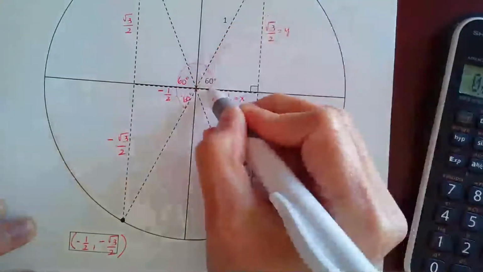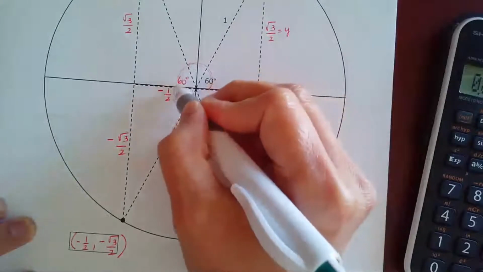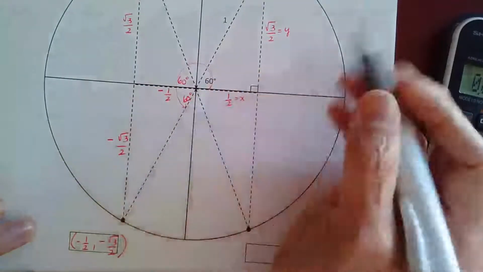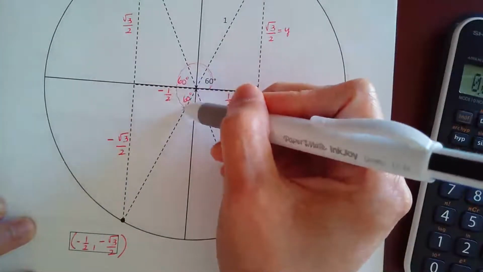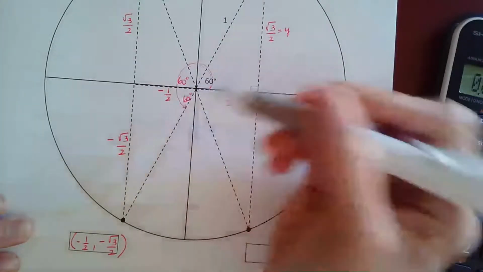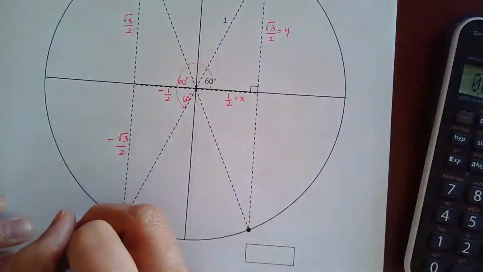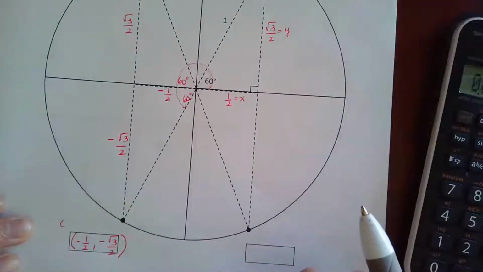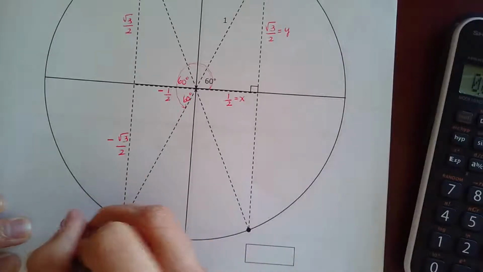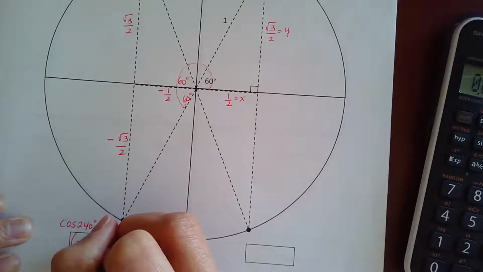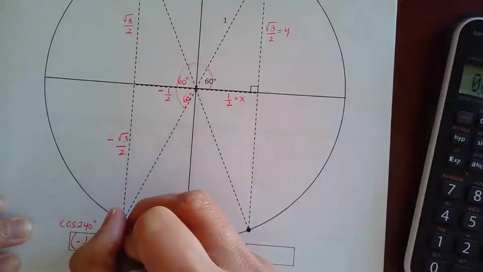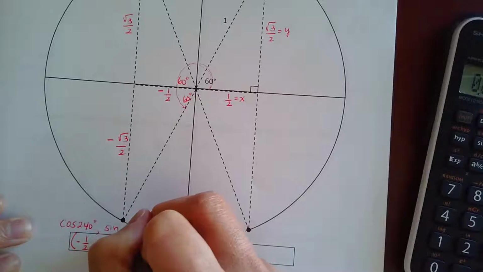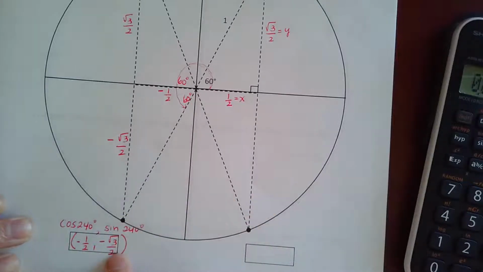If we go from here, the initial arm, all the way to this terminal arm, that's going to give us 180 plus 60, so that's going to be 240 degrees. So cos of 240 degrees is negative 1/2, and sine of 240 degrees is going to be negative root 3 over 2.